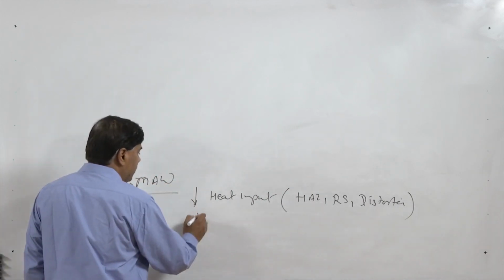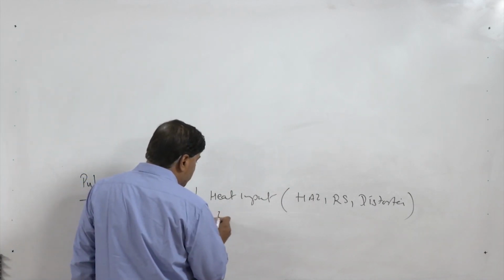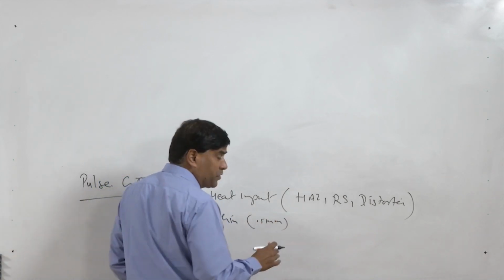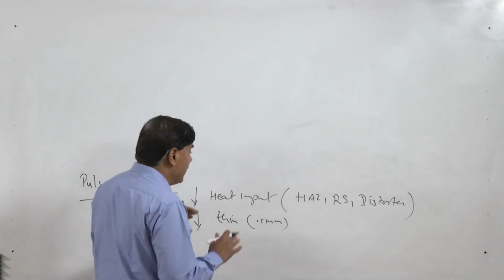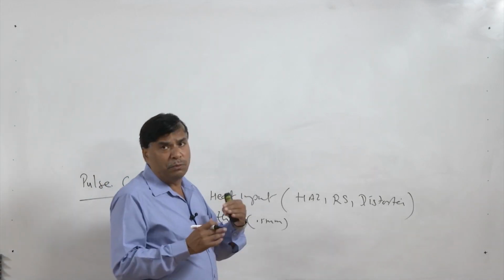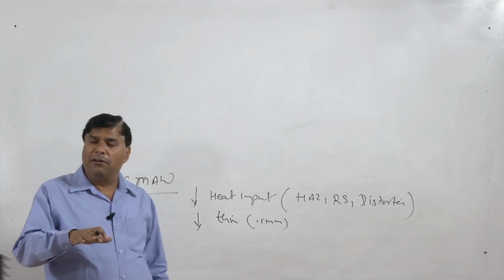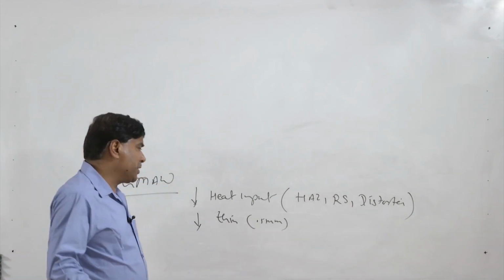Another alternative, maybe we want to join extremely thin sheets like 0.5 mm or 0.3 mm or less than 1 mm. In that case, too high a heat input will immediately cause a melt through situation and we will not be able to control the molten metal.